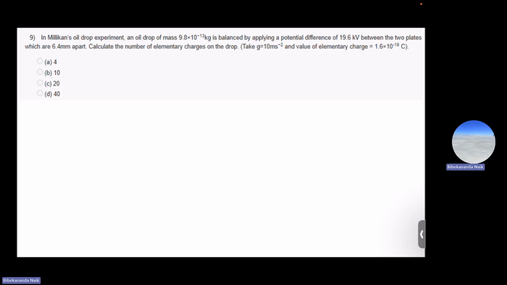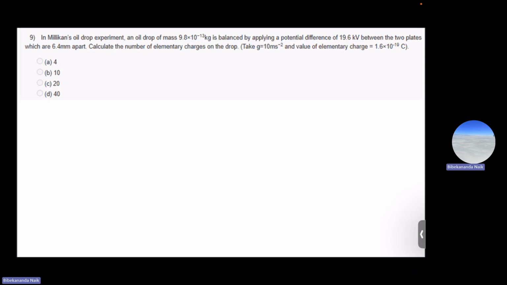Calculate the number of elementary charges on the drop, where it is mentioned that we can take g equals 10 meter per second square, and the value of elementary charge is 1.6 × 10^-19 coulomb. The options are option A 4, option B 10, option C 20, or option D 40.